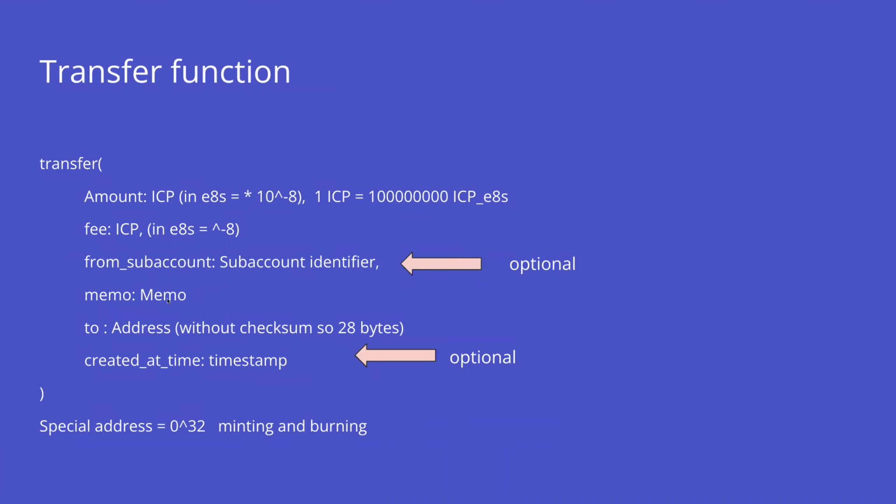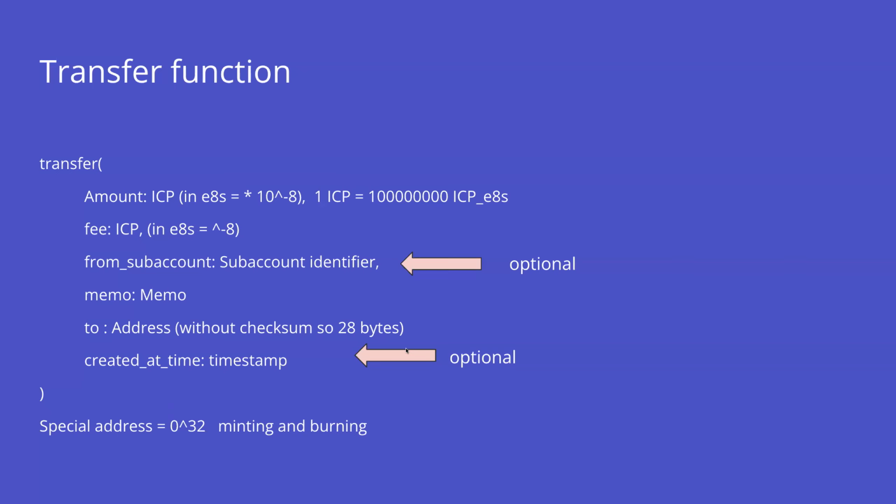The memo is just this number you can include. It can be anything. The to address, so this is the ledger address that the transfer has to go to. This is without the checksum, without that CRC32 in front of it, so 28 bytes. And the created at timestamp, which is optional.